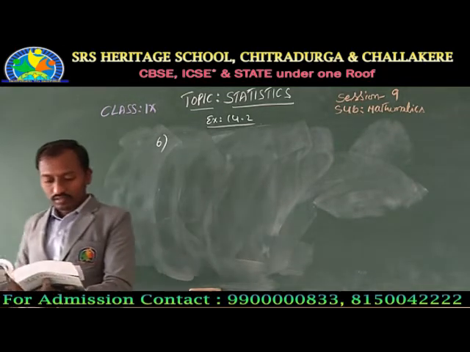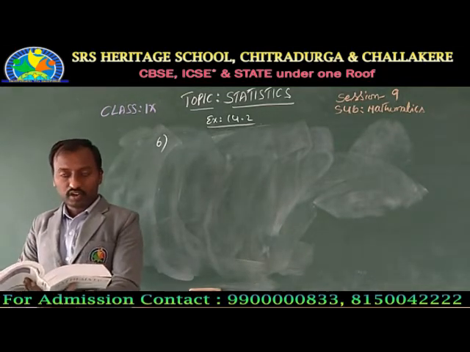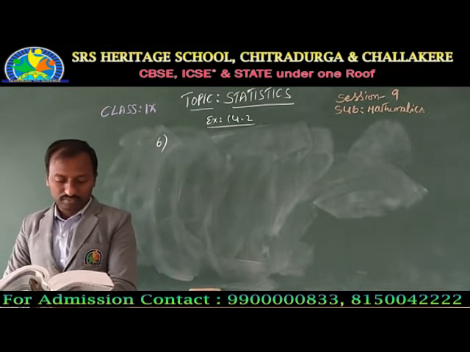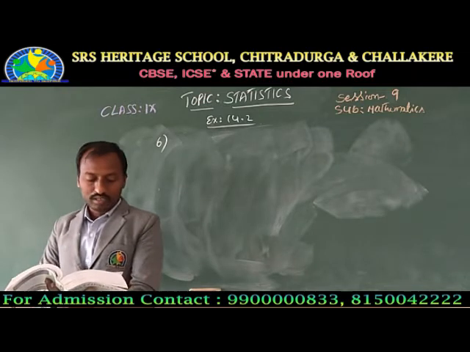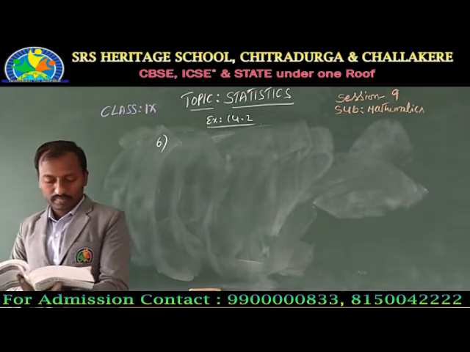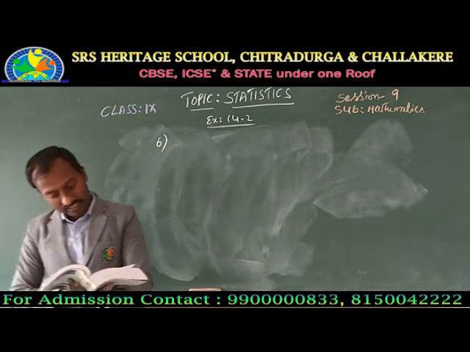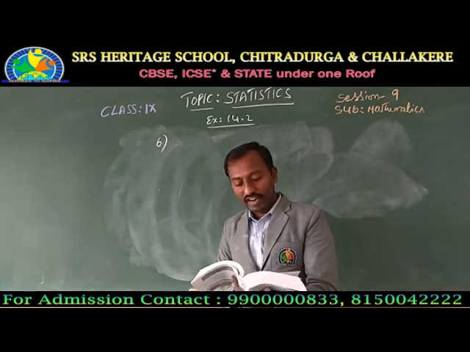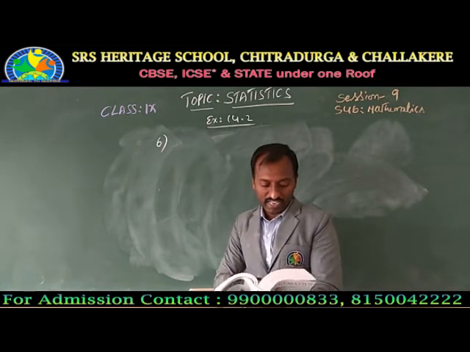Three coins were tossed 30 times simultaneously. Each time, the number of heads occurring was noted down as follows.